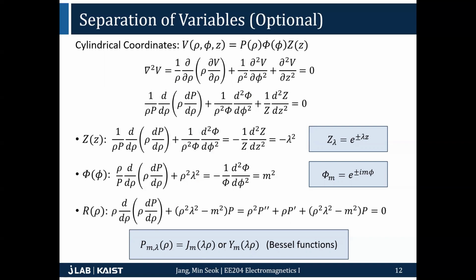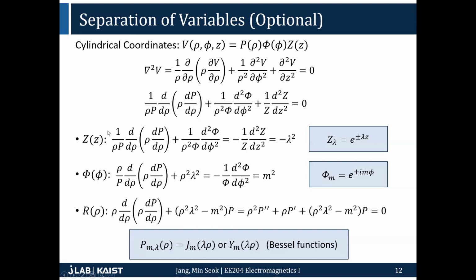Okay, and then in this case, what you do is you divide the function as a product of a rho function, phi function, and z function, like in the case of cylindrical coordinates. And then you do the same thing. You separate the variables, okay? And then when you separate the variables, you assign each function a functional form.